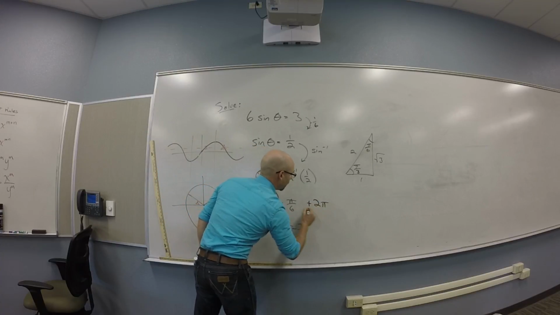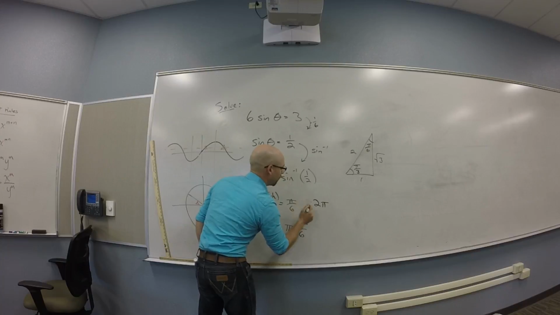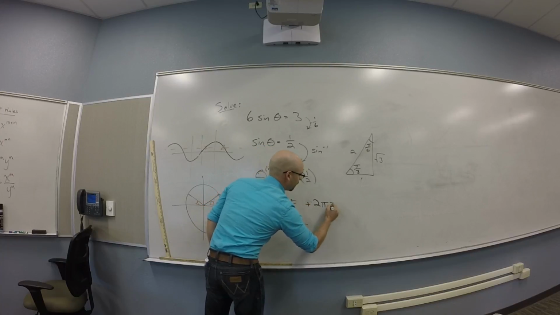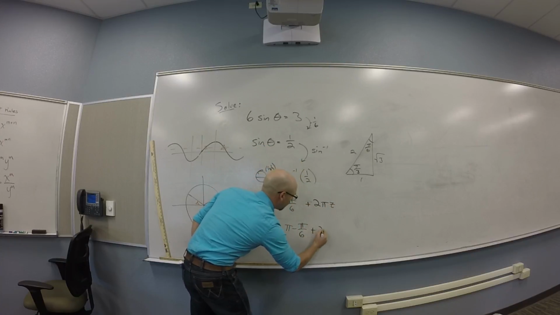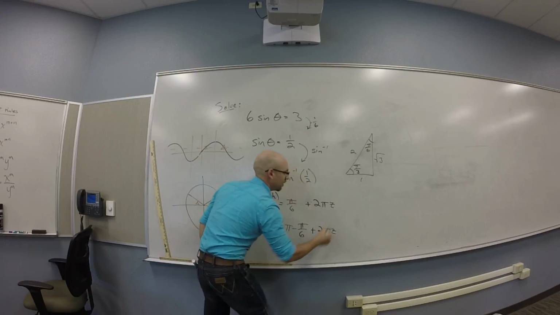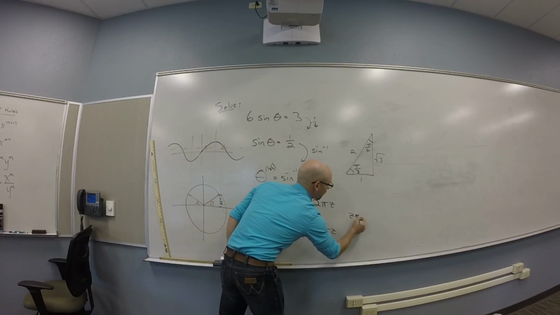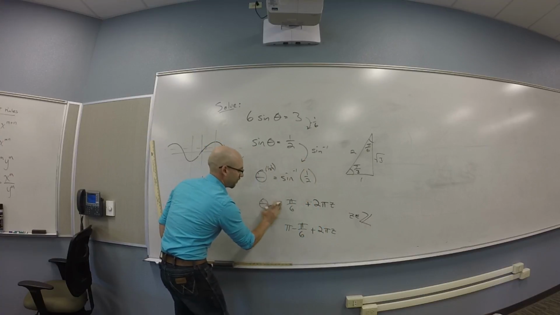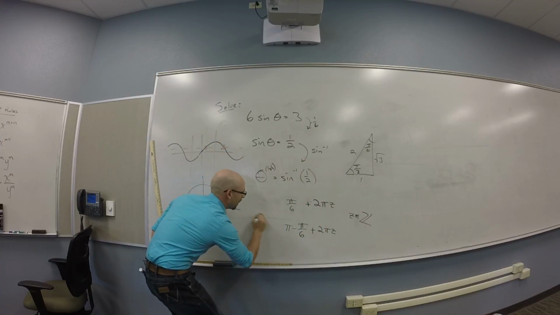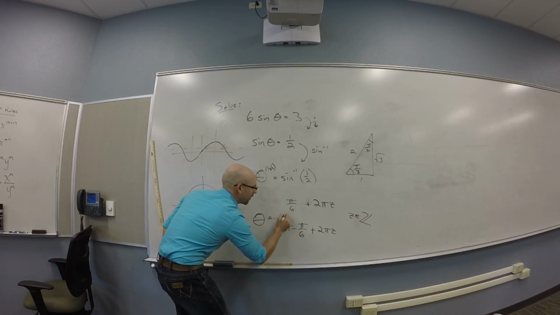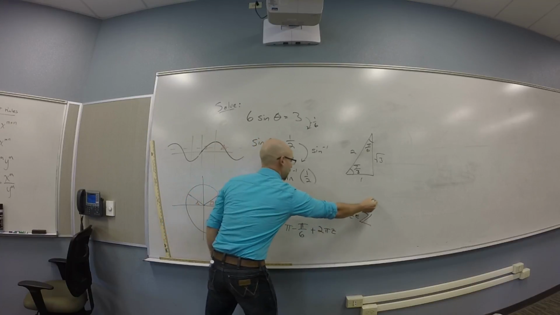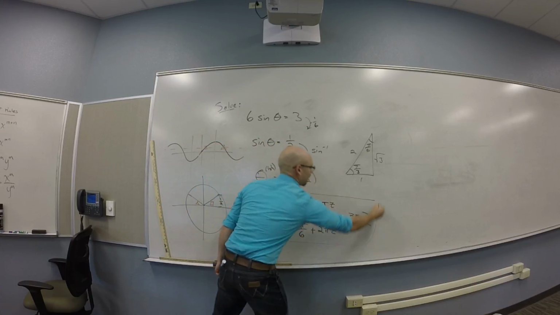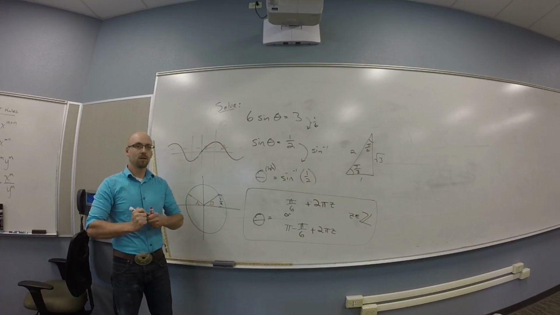So plus 2 pi z, and plus 2 pi z. So theta is this or that giant freaking mess. You guys all good with this?